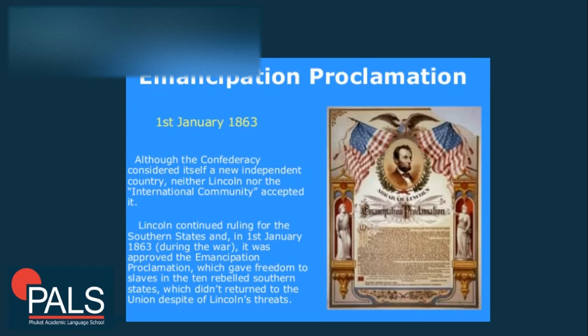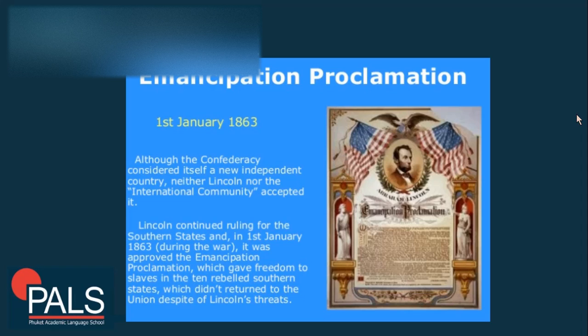Emancipation Proclamation. So, on 1st of January 1863, I remember the war is ongoing during this time. Although the Confederacy considered itself a new independent country, neither Lincoln nor international community accepted that.